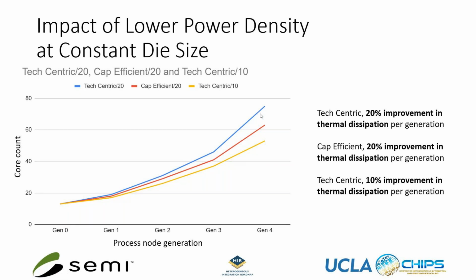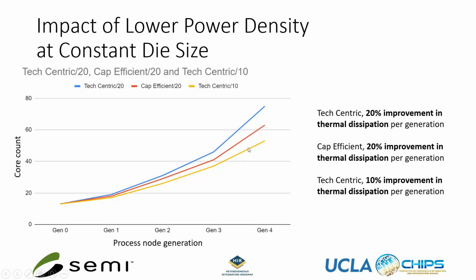If you then say, I want to be capital efficient, I want a stable manufacturing line that has a discrete number of fixed sizes, and I'm willing to pay a price in terms of compute density, you get this red line, which is what we call the capital efficient line.